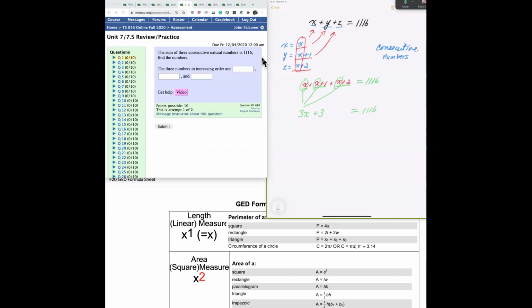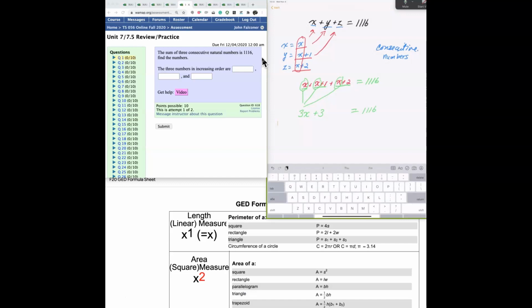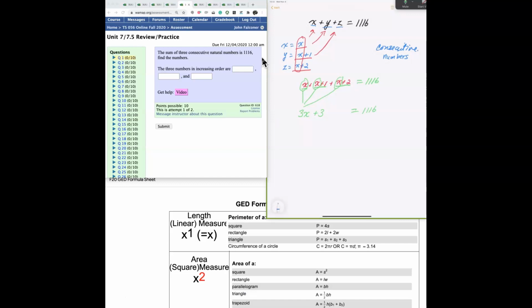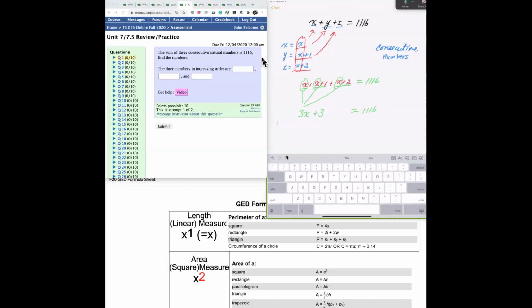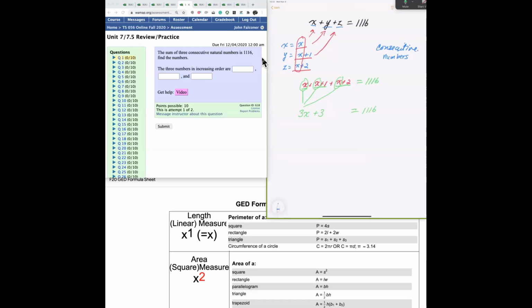And now we just solve for x, which is the same thing we always do in algebra. First of all, we're going to start working from the outside edge of x, which is this plus 3. And we're using the inverse operation. These are some key words. Inverse operation.